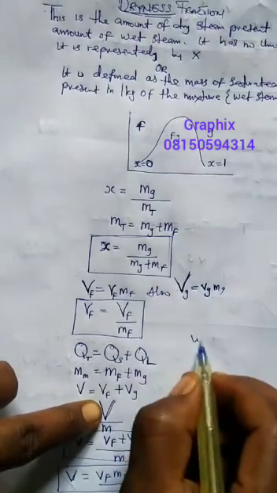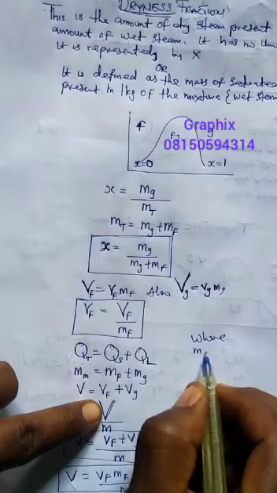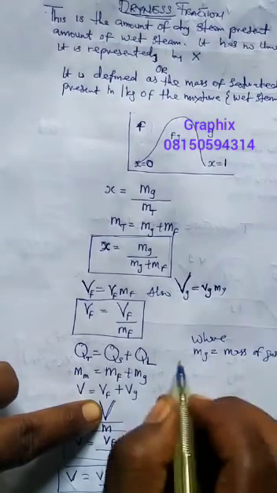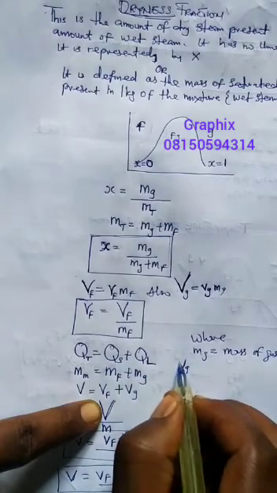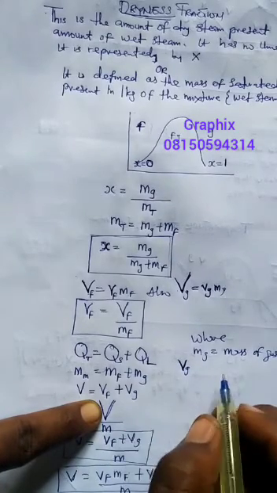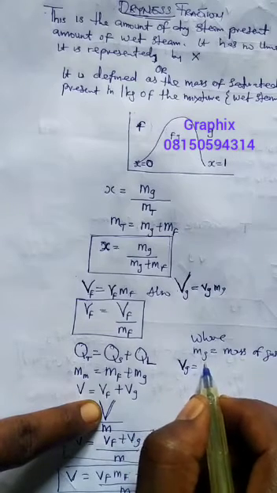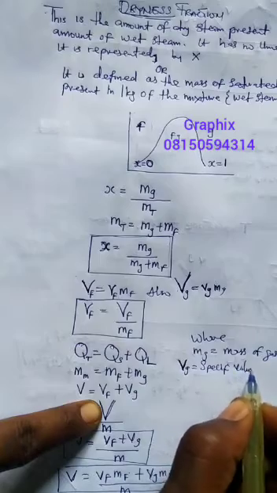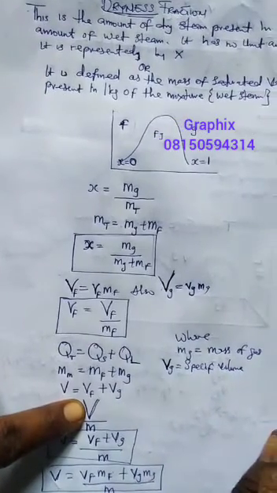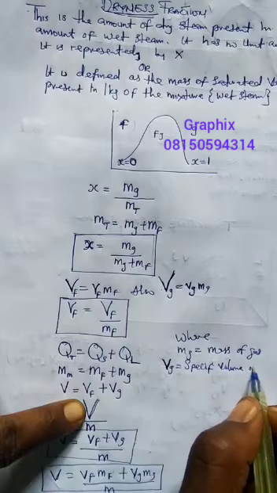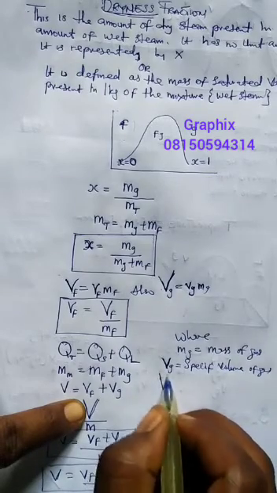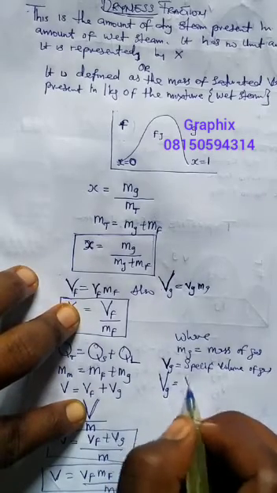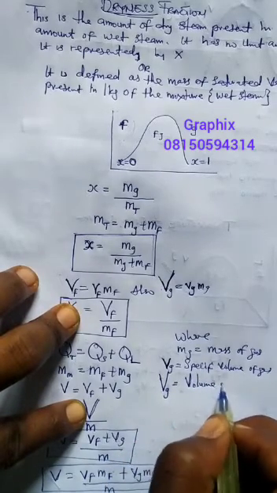Where mg is the mass of gas, then vg, this small v, that is the intensive form, is the specific volume of gas. And we have the bigger V, which is in extensive form, that will be the volume of gas.